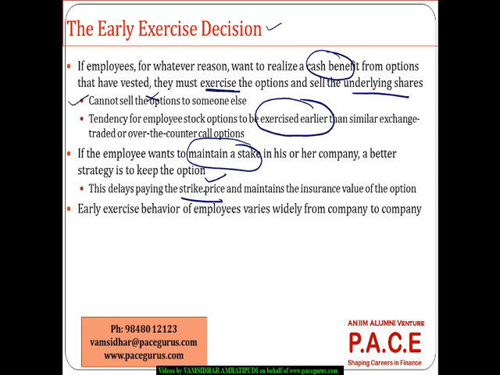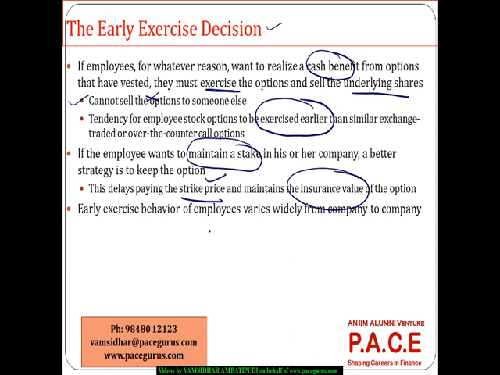Even at a later point, I can pay it unless I leave the company. So I'm retaining the strike price with me, which might fetch interest elsewhere. I am delaying the process, and the strike price, a very small amount, may have to be paid at a much later point in time. So there is an insurance value that is created out of that option.